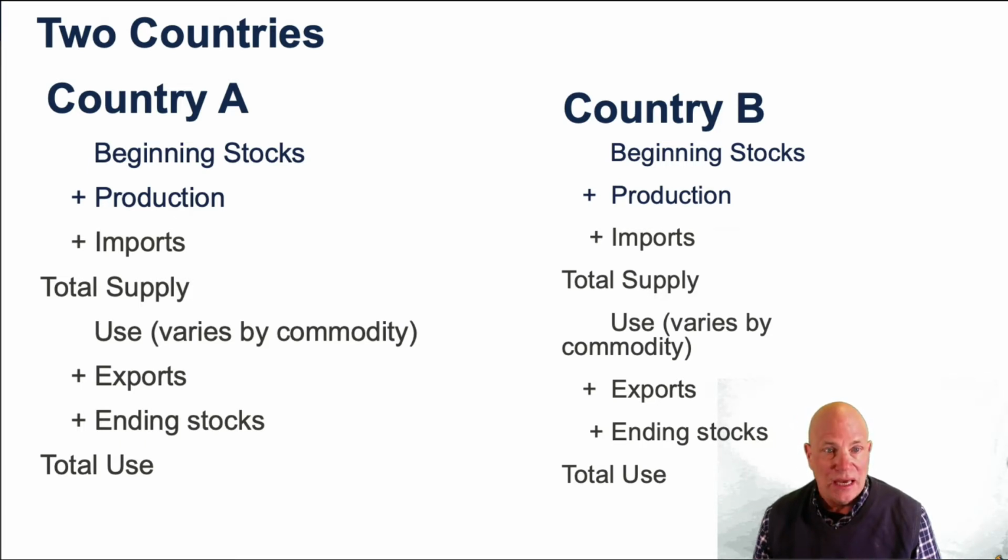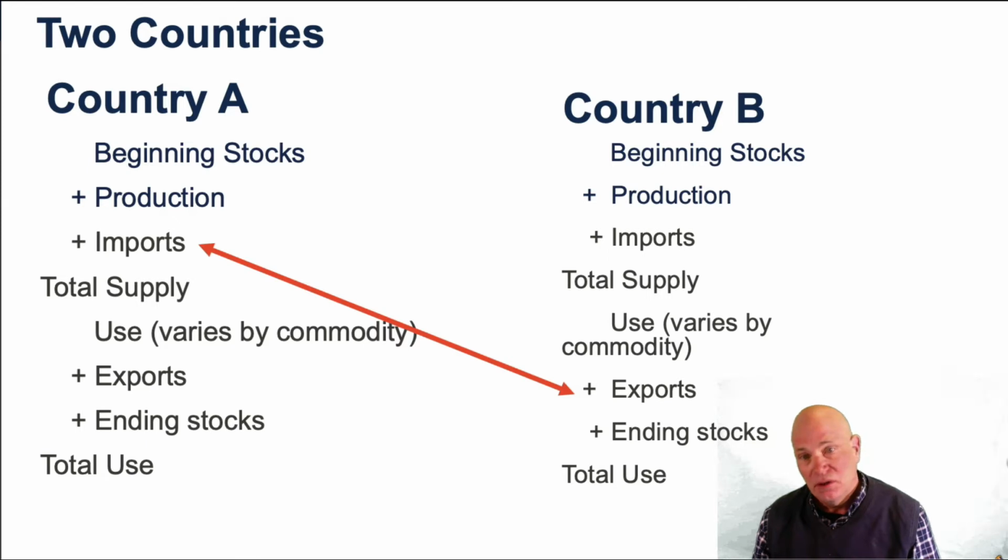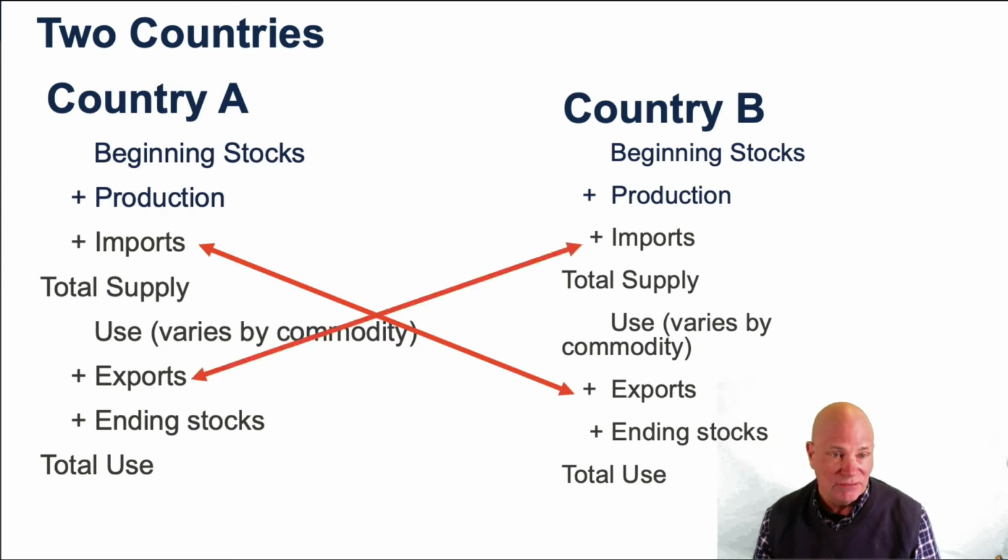If we look at imports and exports, and we had two countries, the imports from country A would come from country B. So those two would equal, right? Imports would be all from exports from country B, and vice versa.